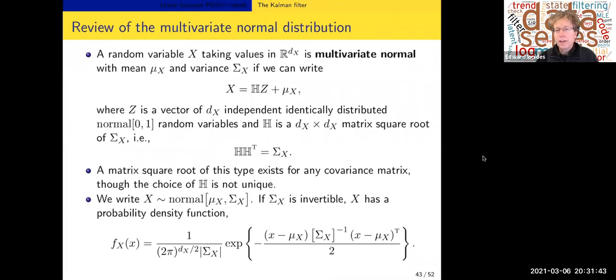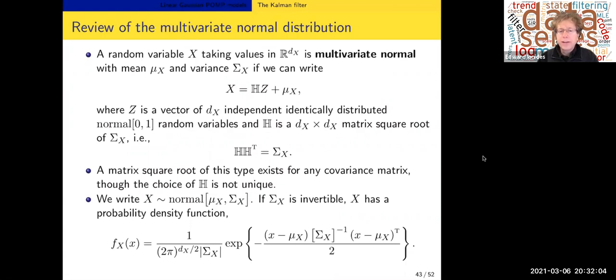H is a dx by dx matrix square root of sigma x, meaning HH transpose is sigma x. And such a matrix square root exists for any covariance matrix, though it won't in general be unique. And so that defines the multivariate normal distribution.